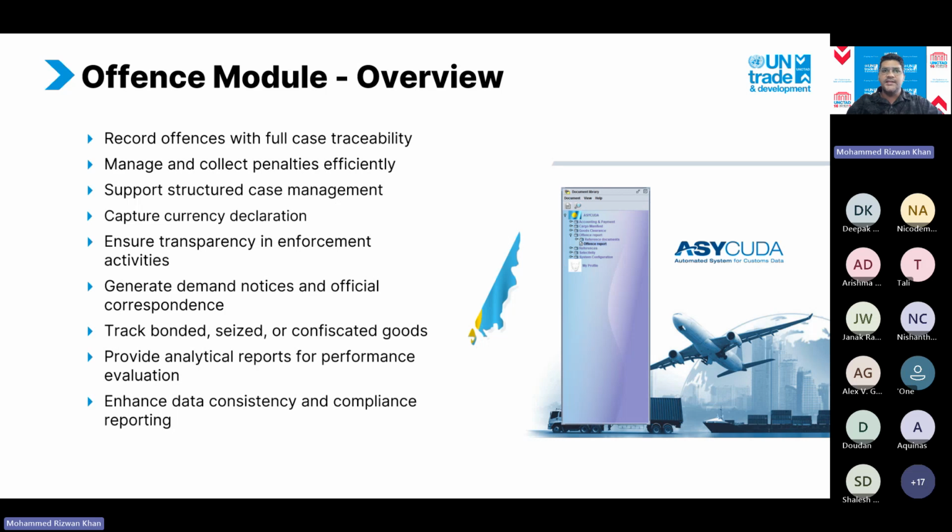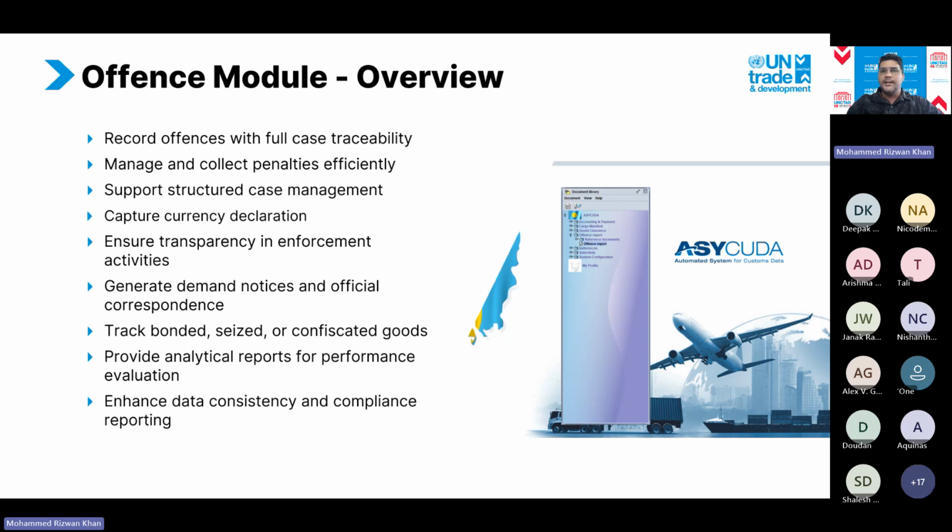The issue with that is that the cashiers have to navigate to the core accounting module, or if they want to collect the offense penalties, they have to go to the offense module. So there are two separate places. What we have done is combine the penalty collection into one, the core accounting module.